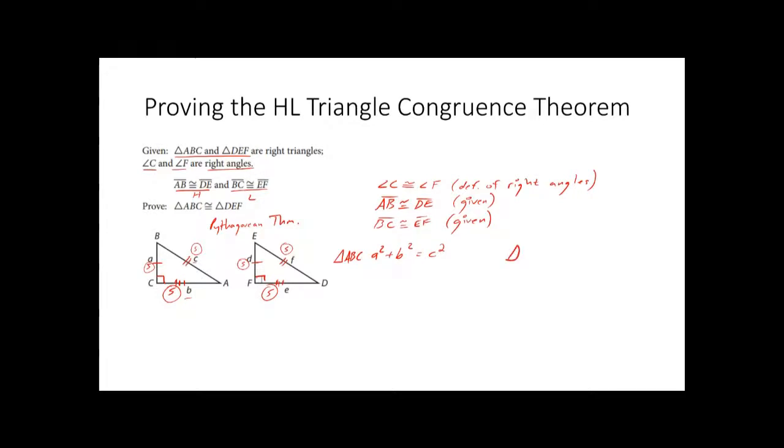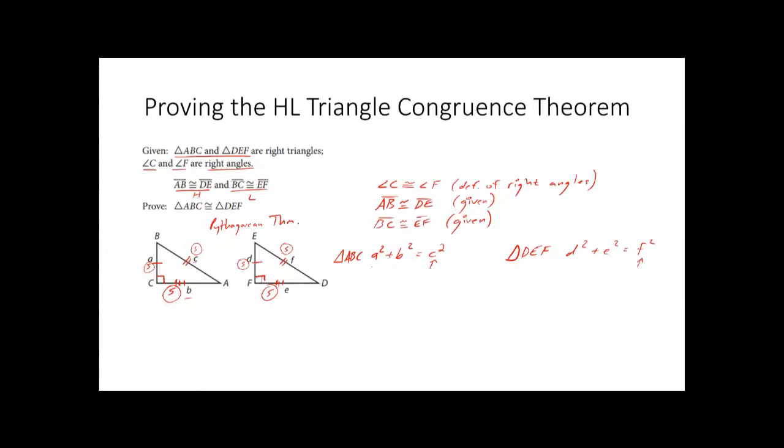Then for triangle DEF, we have d squared plus e squared equals f squared. Now, didn't they tell us that AB, which is really just C, is congruent to DE, which is really just F? Yeah, they did.